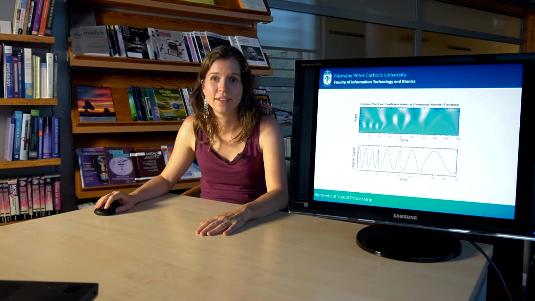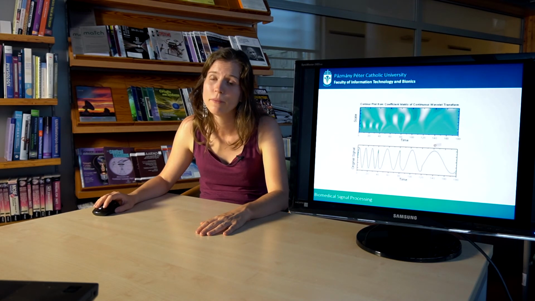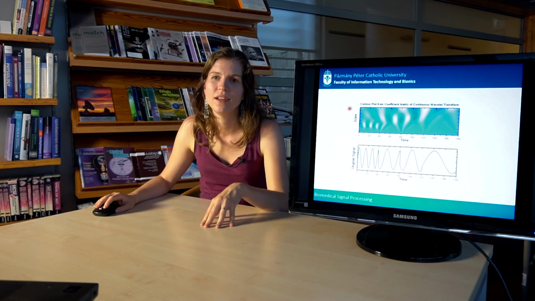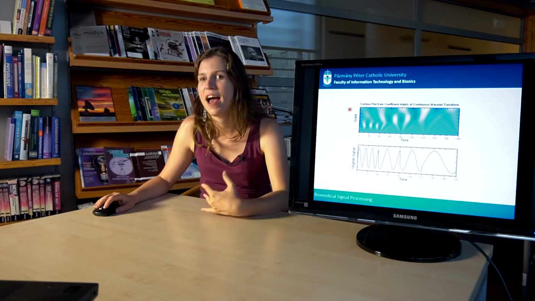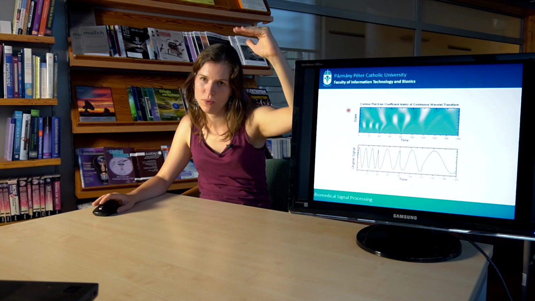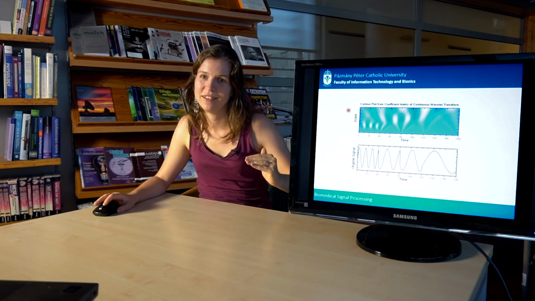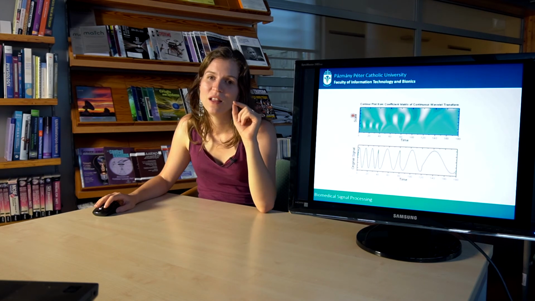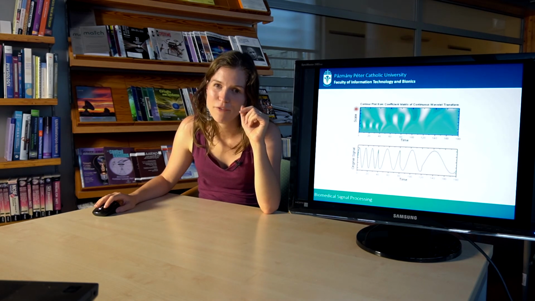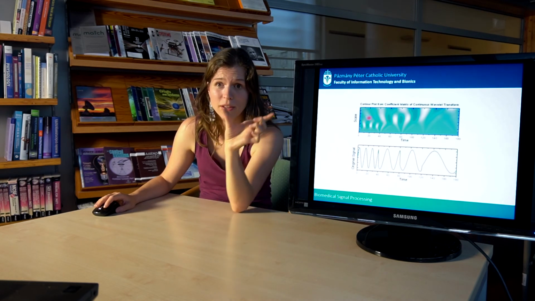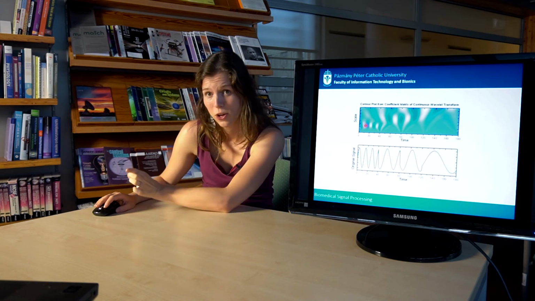And here you can see an example of that. Here is some random signal, and you can see the wavelet transform of it. Usually in a wavelet transform, we have the low frequencies at the top of the plot and the high frequencies at the bottom. With low frequencies, you have a better frequency resolution, but you have quite long windows.